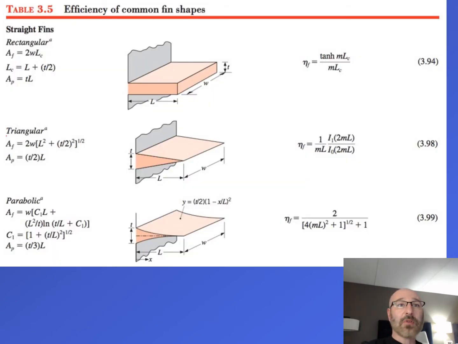So we talked about the triangular fin shape. Here are some other efficiencies of common fin shapes that we may see. And here's this table 3.5 that we discussed in the previous slide. We can also have our straight or rectangular fins.